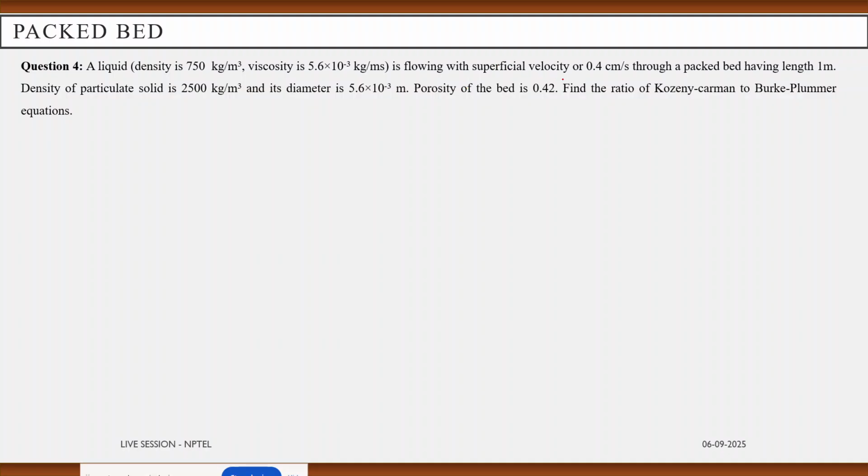It is flowing with superficial velocity through a packed bed. Density of the particulate solid and diameter is given. Porosity is also given. You have to find the ratio of the Kozeny-Kármán equation and the Burke-Plummer equation.